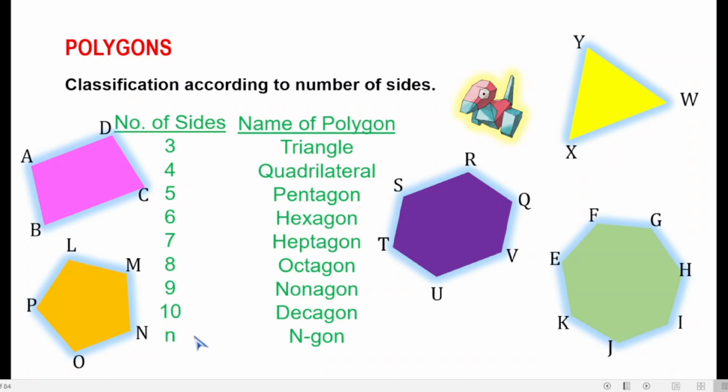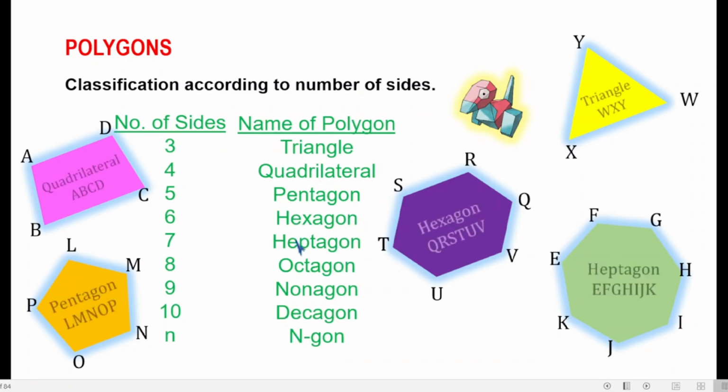For n sides, generally we call it an n-gon. For example, 100 sides, we just call it 100-gon. Actually there are real names for these, but let's just simplify our lives and name them by the number of sides.